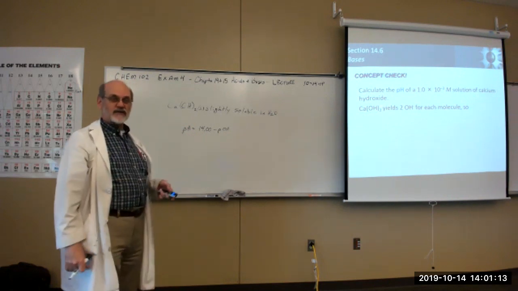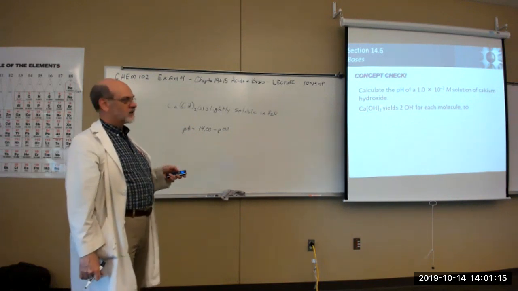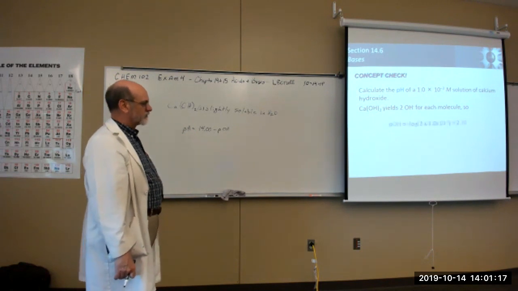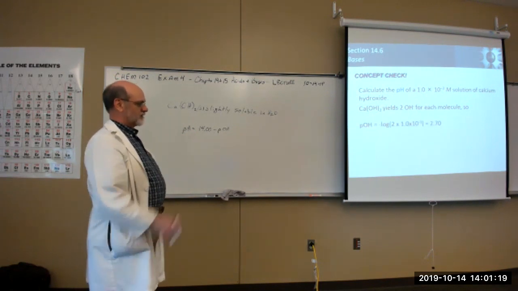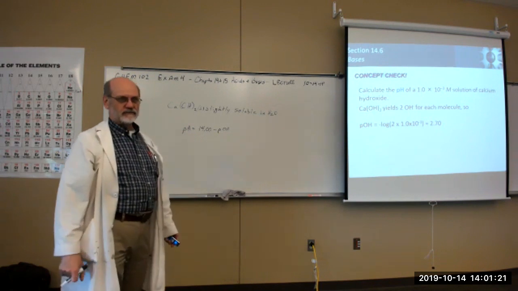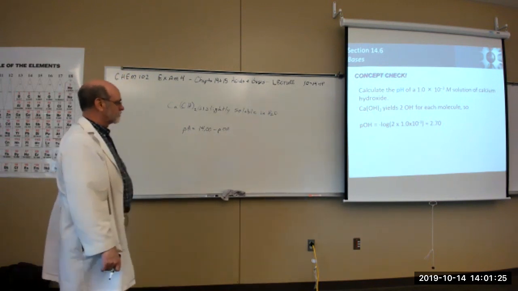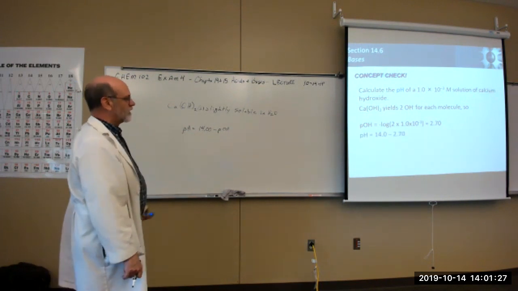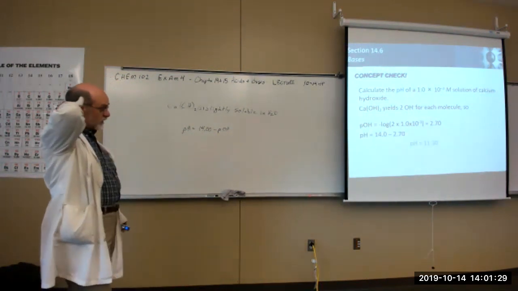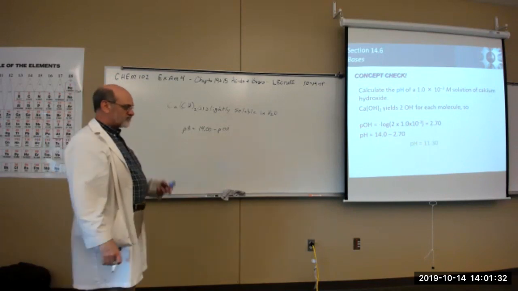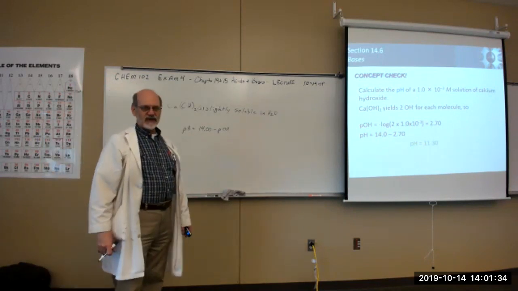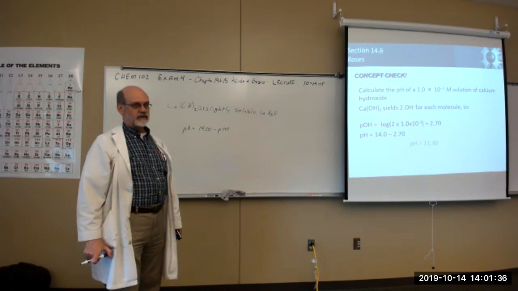So the hydroxide concentration is going to be twice that value. 2 times 10 to the minus 3. Right? And that gives you a pOH of 2.7, a pH of 11.3. So it's only slightly more basic than sodium hydroxide at that concentration.